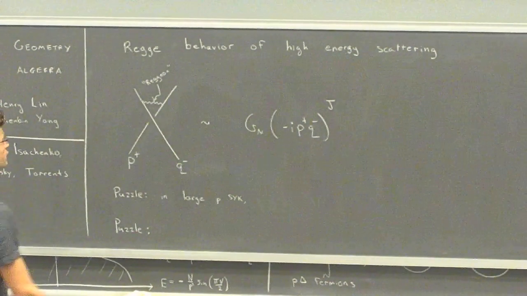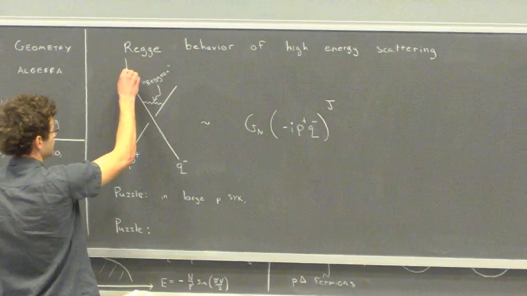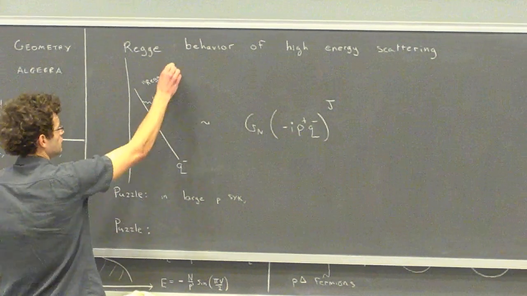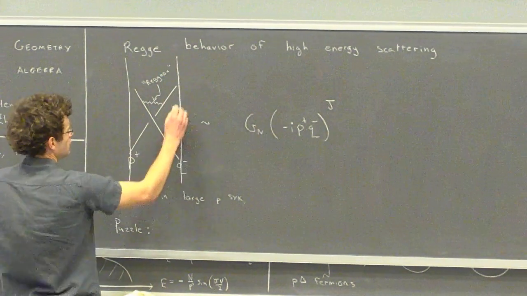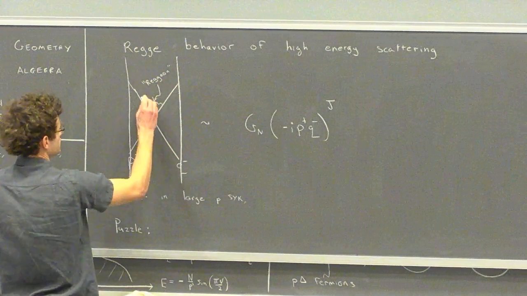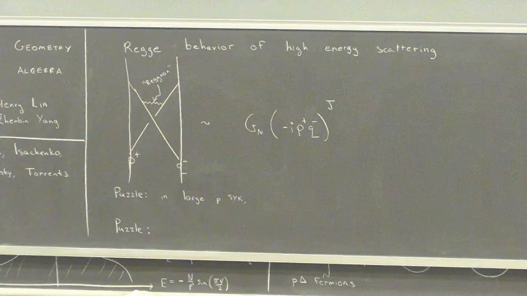And let's go a little bit further and imagine that here are the AdS2 boundaries, and let's imagine that this is a contribution to a correlation function.